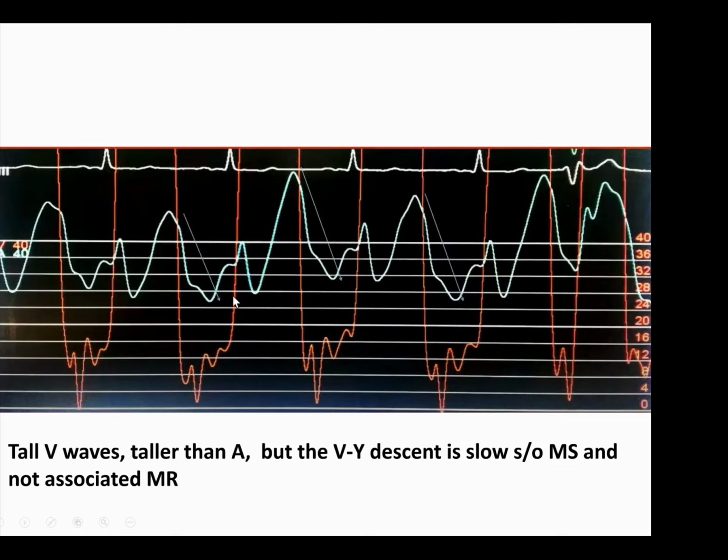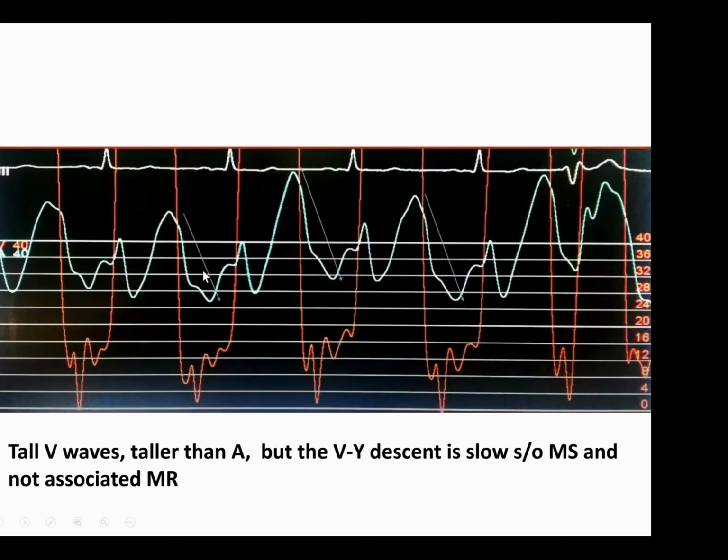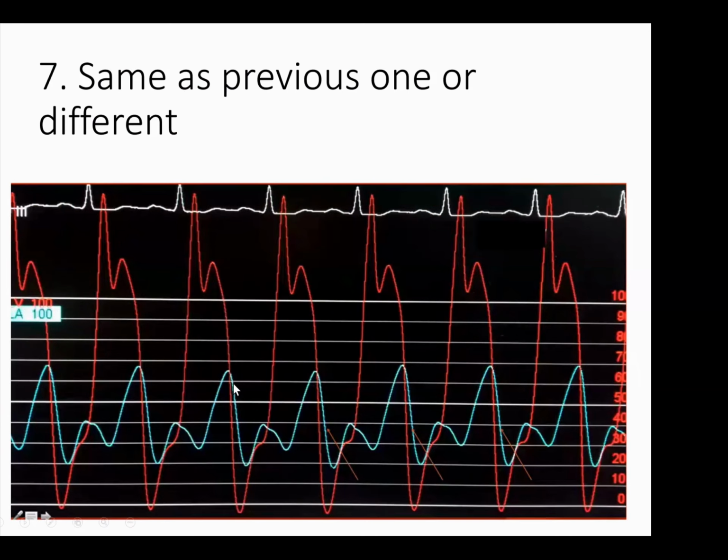There is significant obstruction and the VY descent is slow. But if the VY descent is very rapid, see the VY descent here, this is the slow VY descent. Now see the VY descent here.